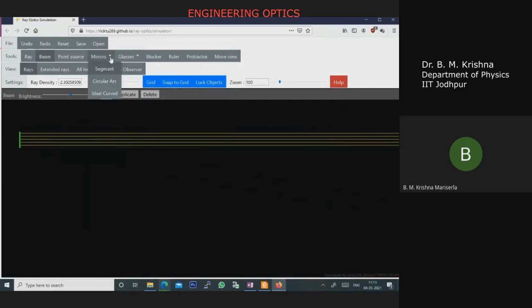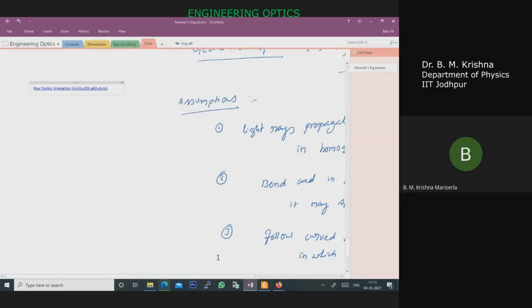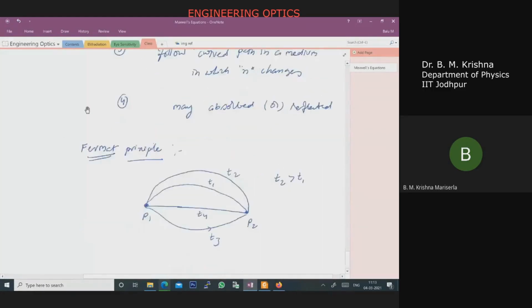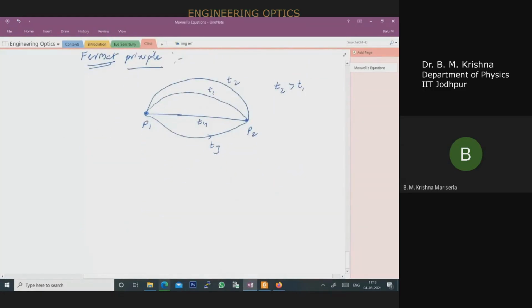And now I will introduce different optical components. So now tell me, what are the optical components you know? What are the optical components you talk about? Different optical components.